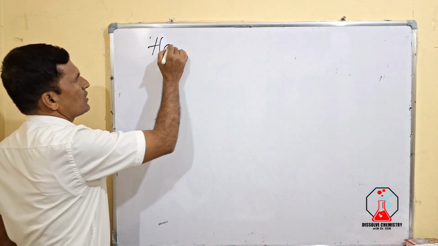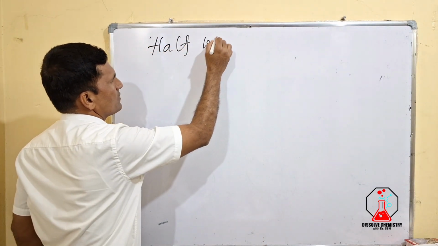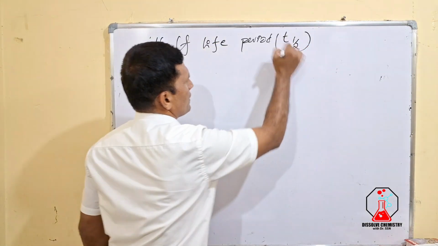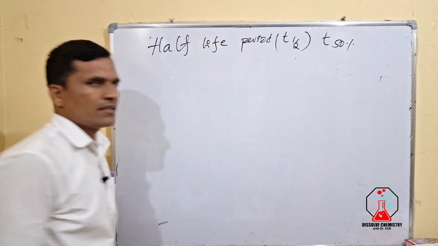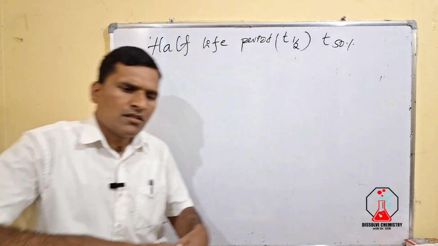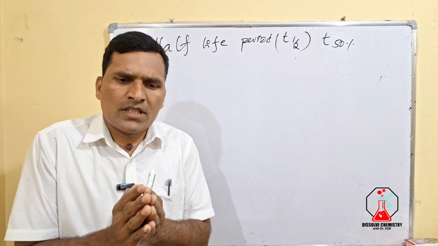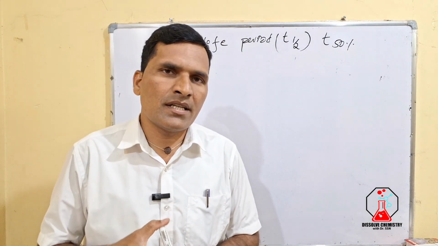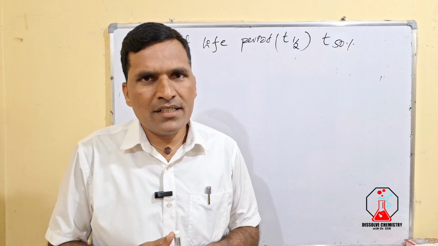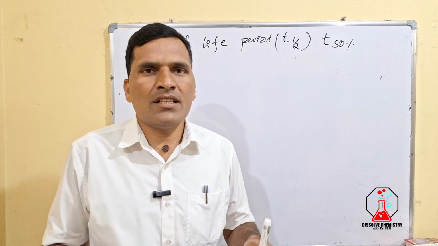First we will define what half-life period means. It is also represented as T half, or T 50%. Consider the lifespan of a human being, which is on average considered to be 100 years, so the half-life will be 50 years.